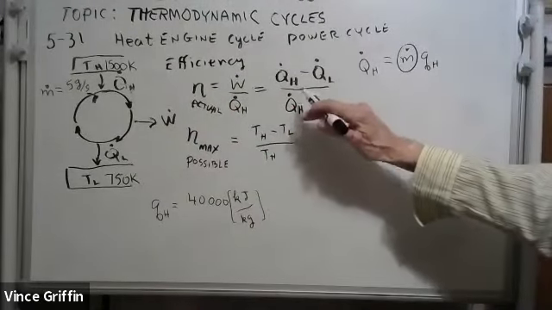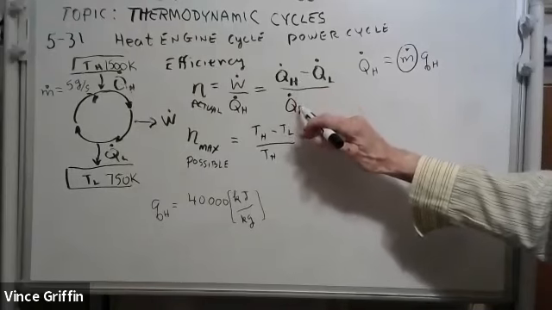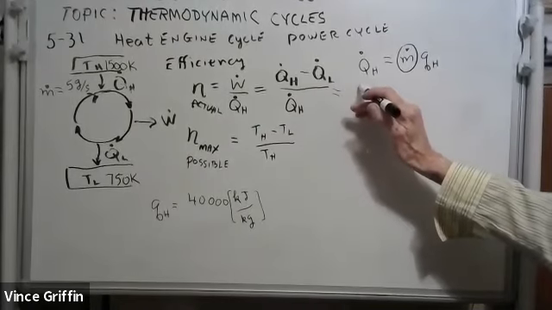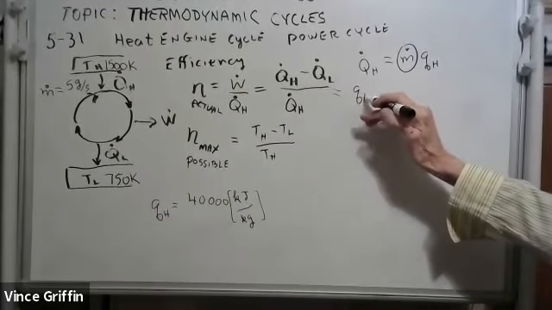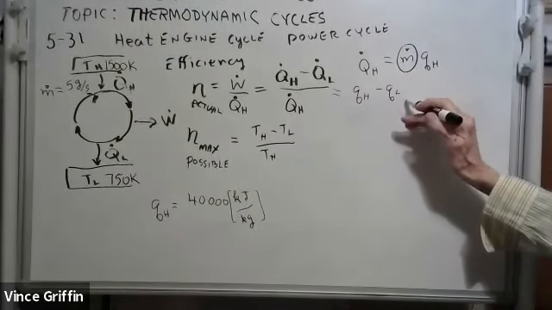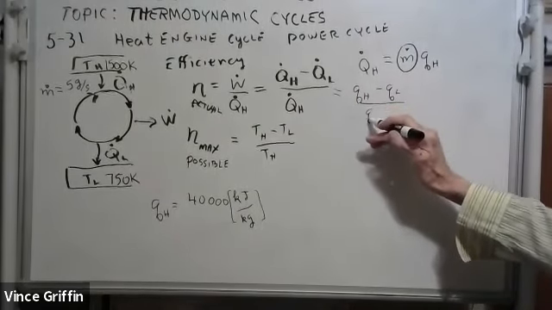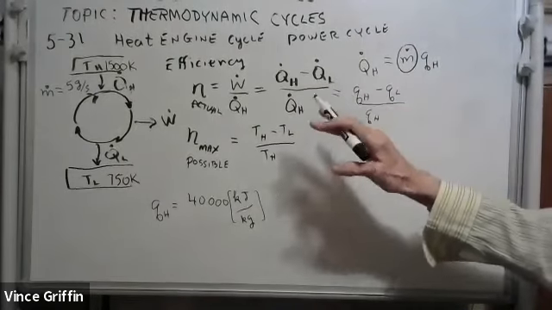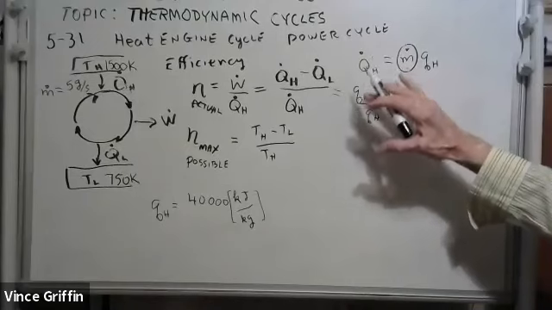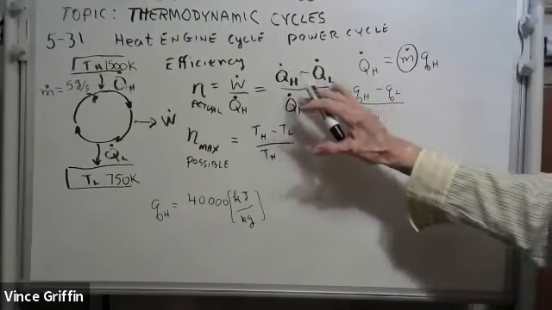Now, instead of using big letters, why don't we use little letters? Here's my plan. I'm going to use little qH minus little qL over little qH. The difference is just multiplying by your m dot, and that's given. So I think that's legal.